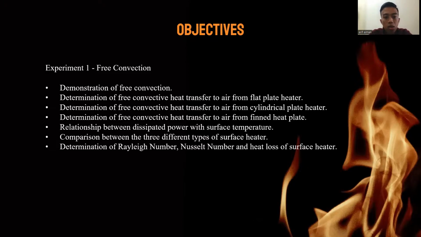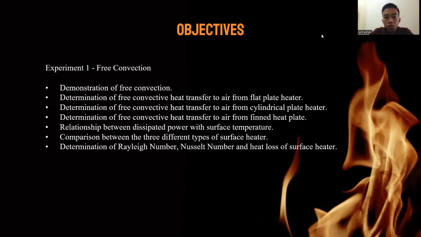Number 6 is comparison between the 3 different types of surface heater. And last but not least, determination of Rayleigh number, Nusselt number, and heat loss of the surface heater. That's all from the objectives of experiment 1, free convection.